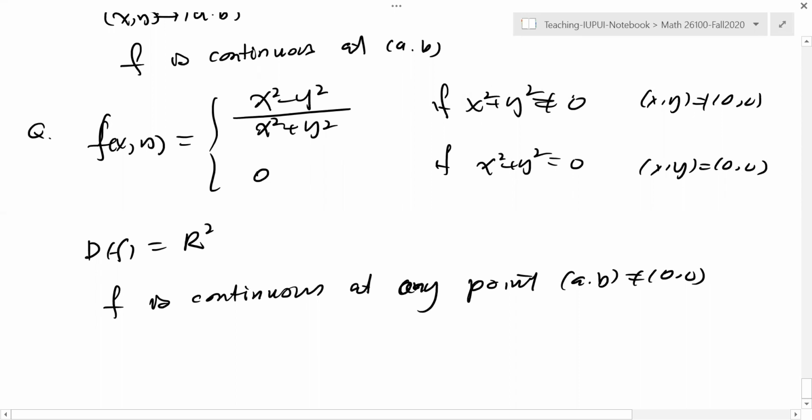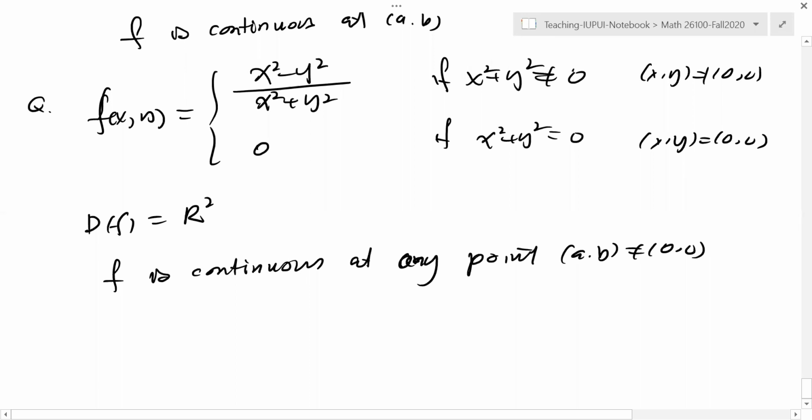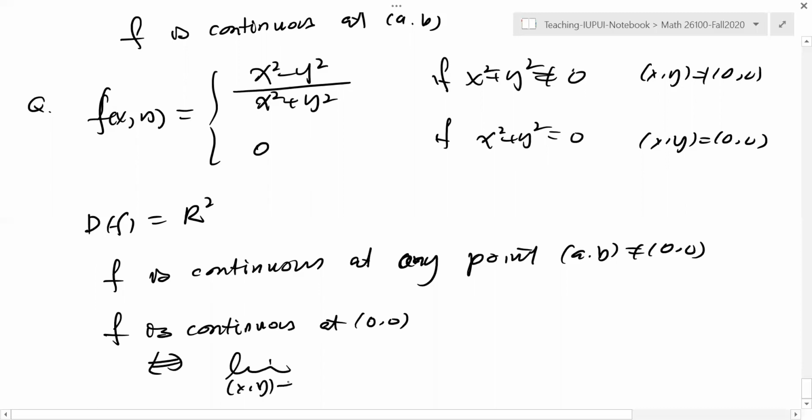We have to find the limit. f is continuous at the origin if and only if the limit exists and is equal to the value of the function.